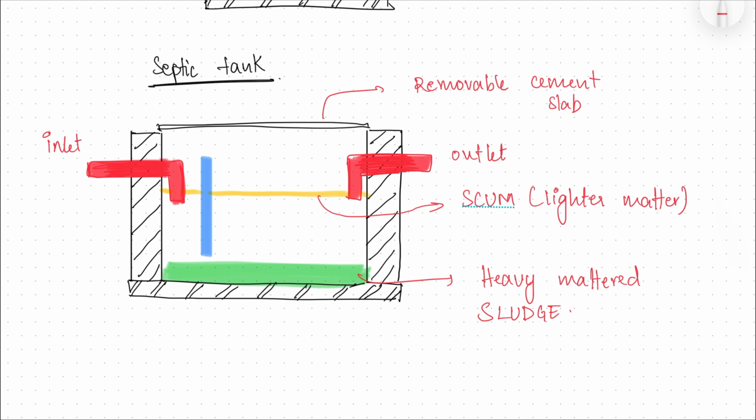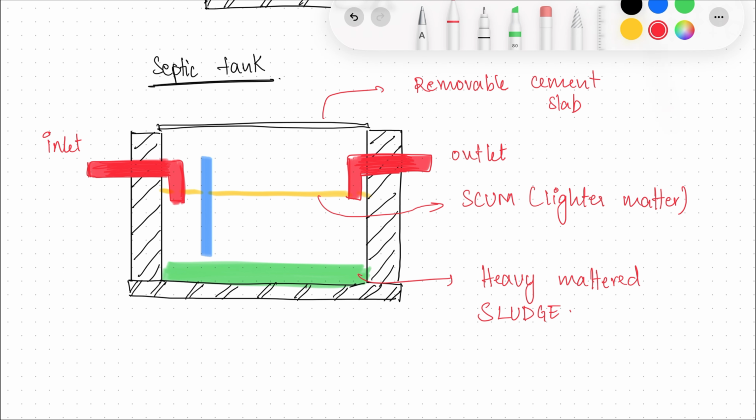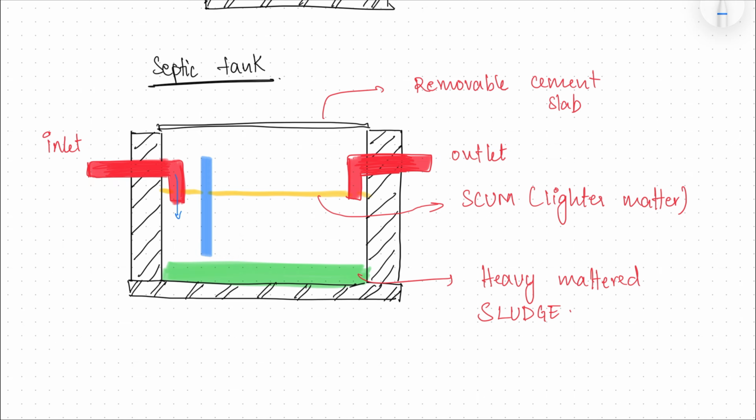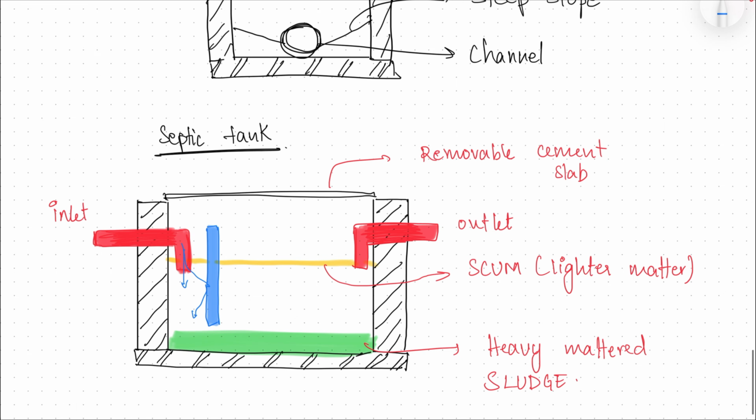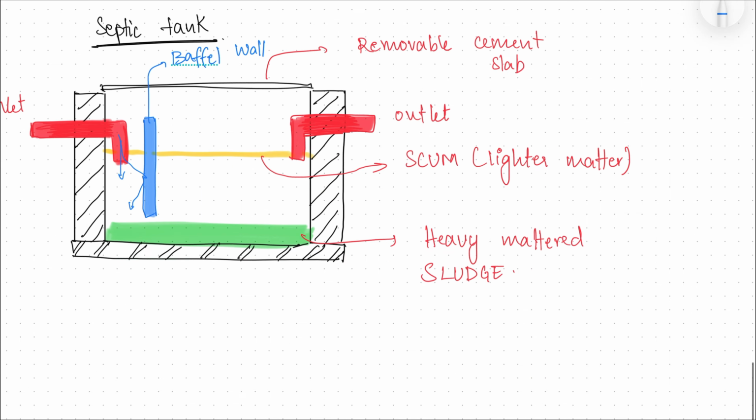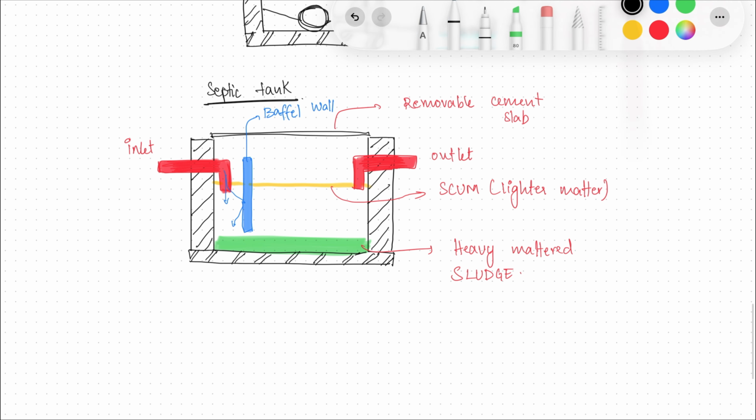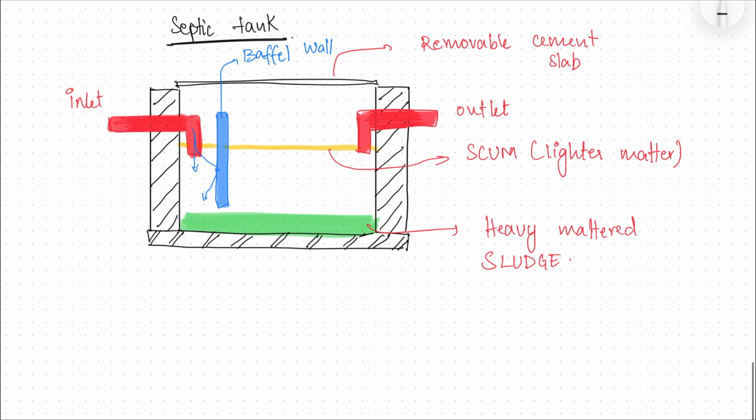And whenever the water is let in, in order to not disturb the scum and the sludge, you usually have a vertical partition, so that it hits it, the velocity is reduced, and then it does not disturb the sludge and the scum. This vertical partition is called your baffle wall. In the septic tank, the reaction that takes place is an anaerobic reaction, which means it takes place in the absence of oxygen.